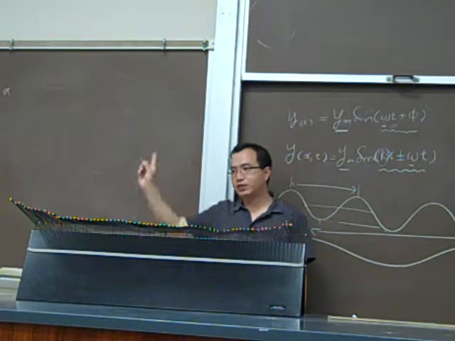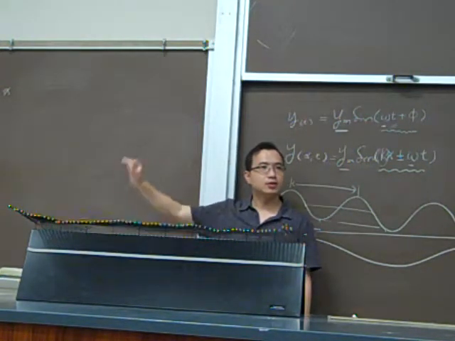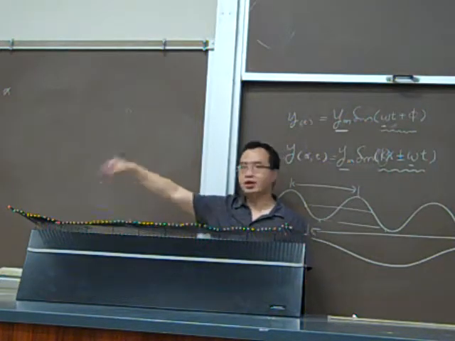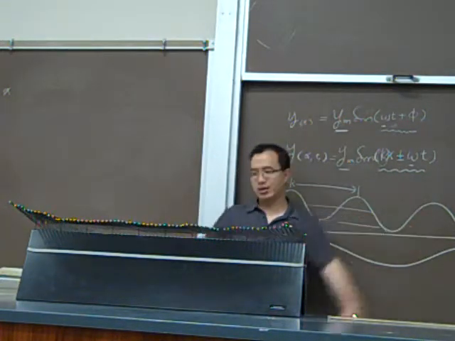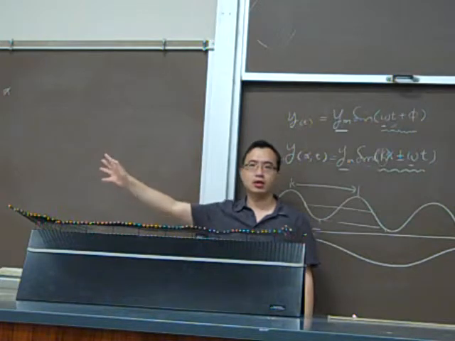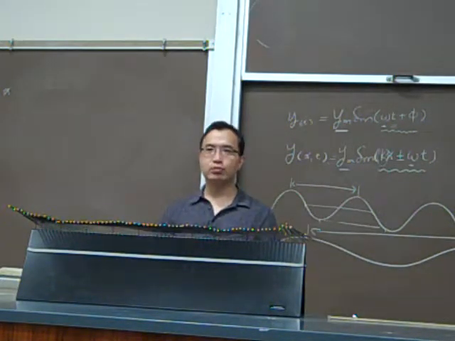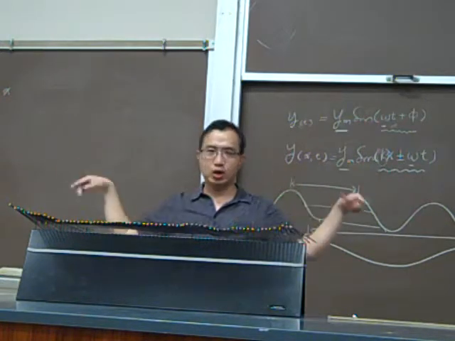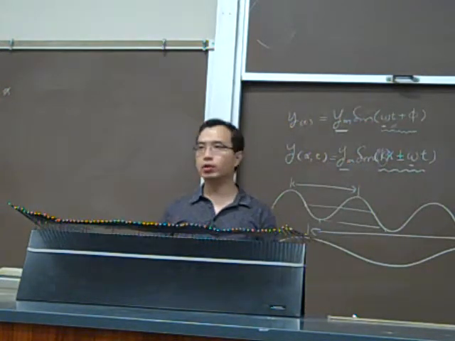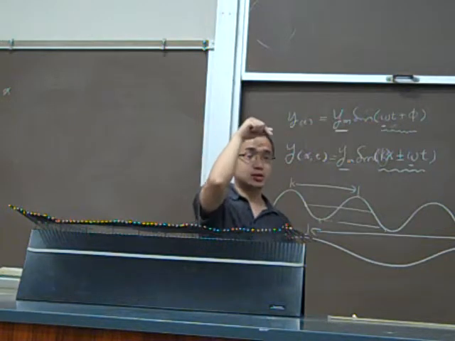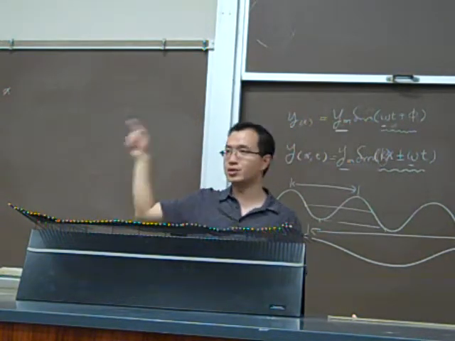And they have different phase. Some, like here, are at the peak, here is in the valley, here is in between. So when you try to understand the wave, you have to imagine the motion throughout the whole space. That's global description. You're not just focusing on one point here or there.